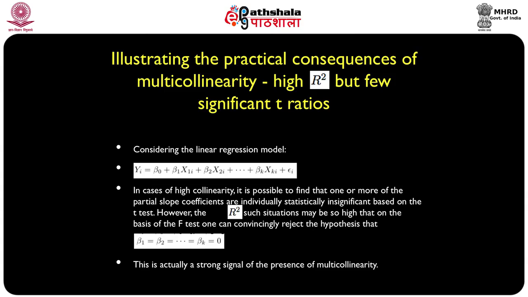In other words, if we fit a regression model and we see that individually the regression coefficients are insignificant, however, looking at the R square, we can see that the overall fit of the model is good, then we know that there is presence of multicollinearity in the dataset.